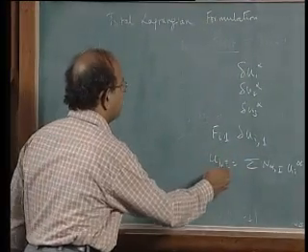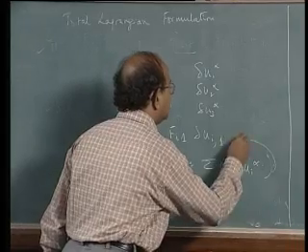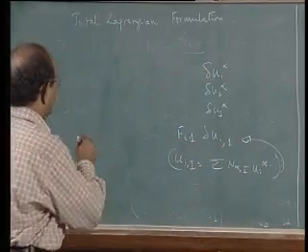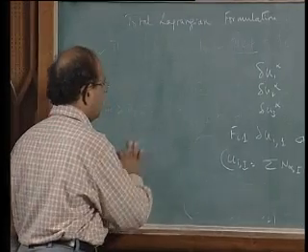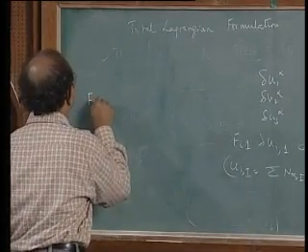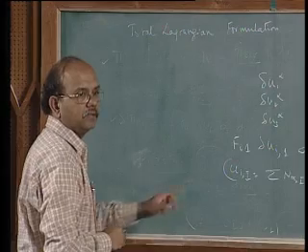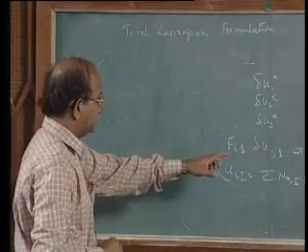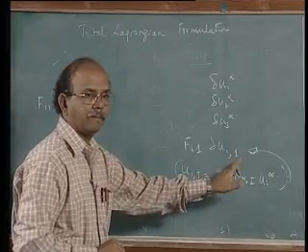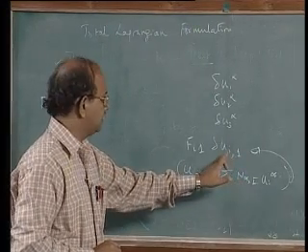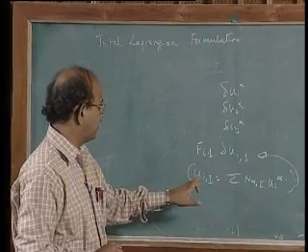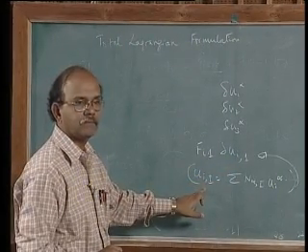So what are the terms you have? I think it's going to be really big. You will have F11 into delta u11, so that I have to obtain from this.